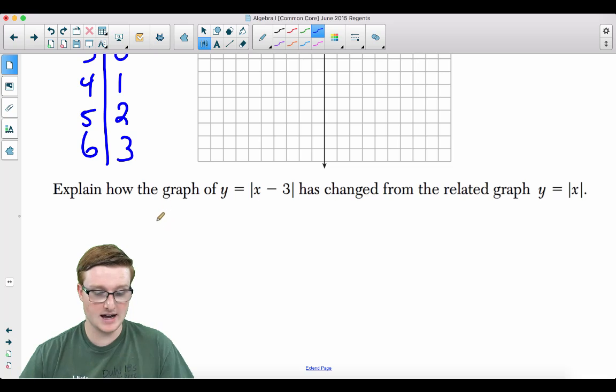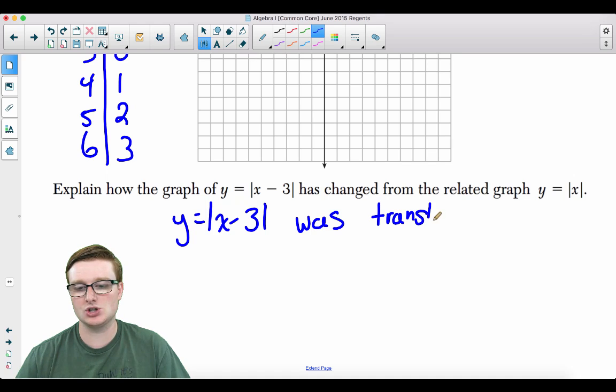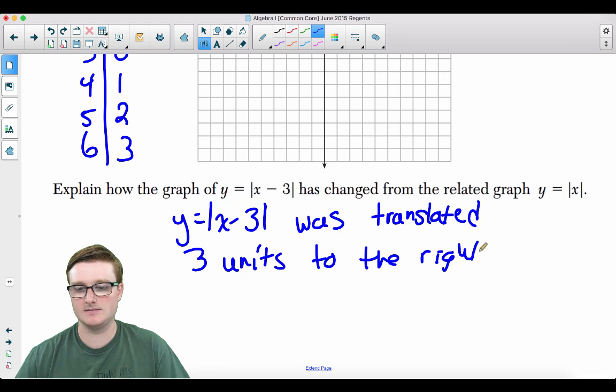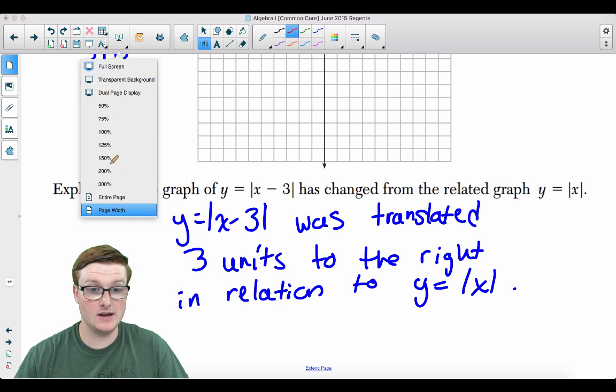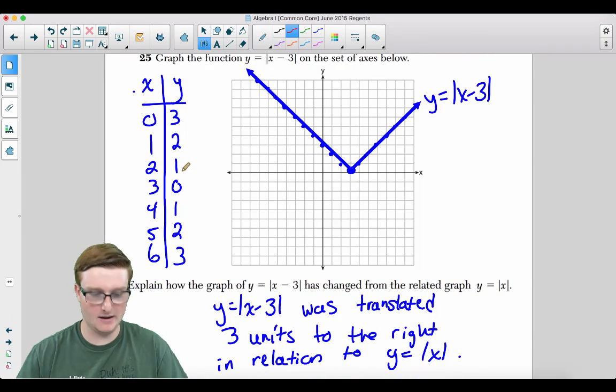So all you're going to say in your explanation is y equals the absolute value of x minus 3 was translated 3 units to the right in relation to y equals the absolute value of x. And that's about it. That's all you have to do with that question. Pretty simple stuff.